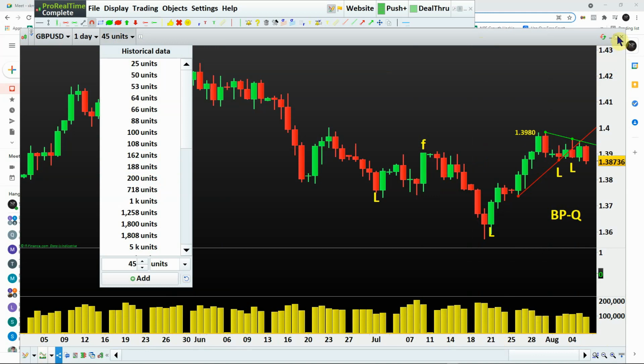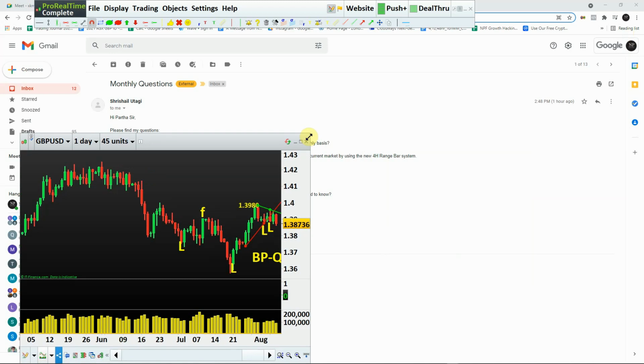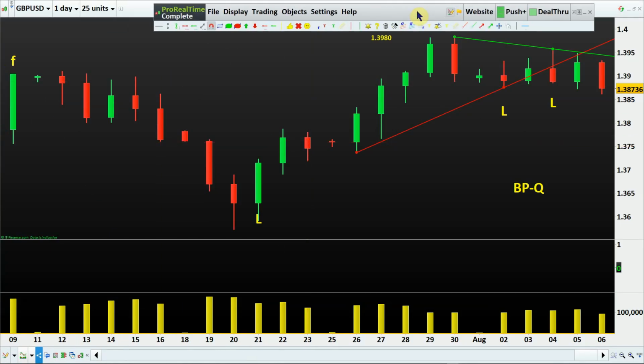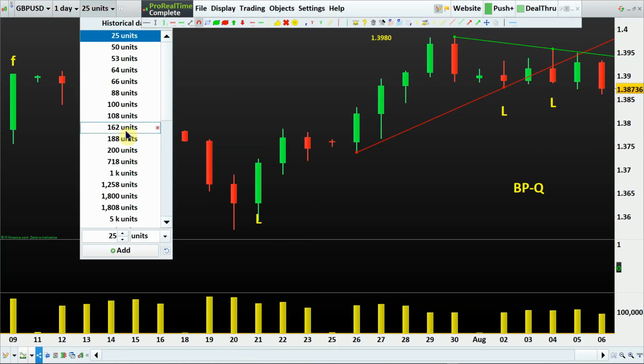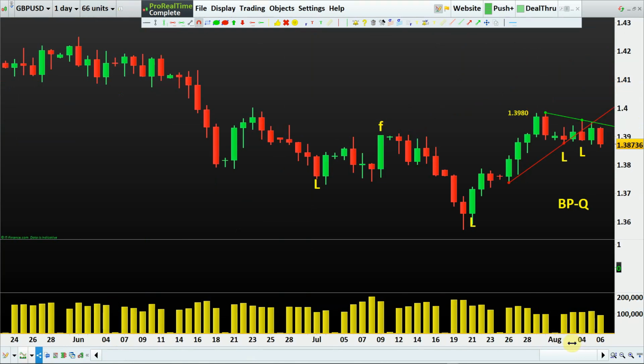It depends on the size of our screen. If it is 10 inch, then possibly we'll reduce it to 25. If it is 23 inch like this, or 21 or 25 or 27, we'll possibly go up to maybe 66. So that 50 or 45 or 66 is only dependent on the size of your screen.